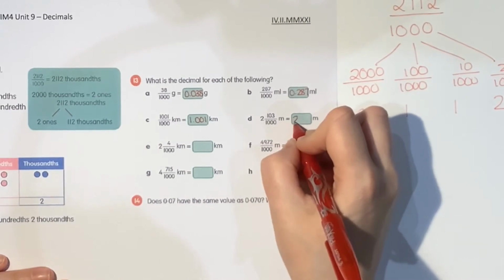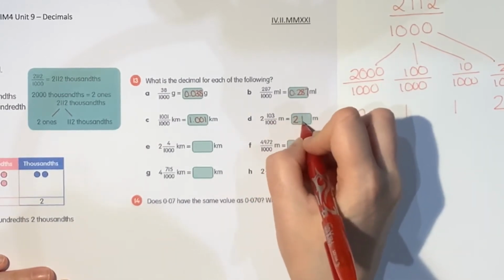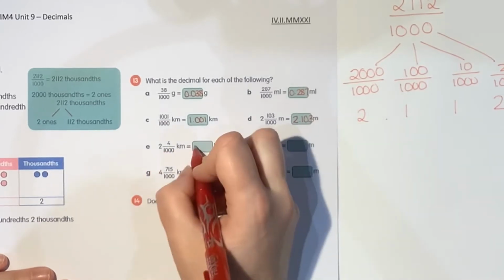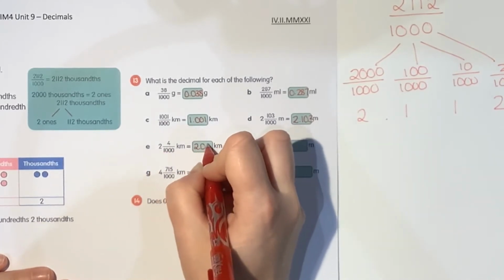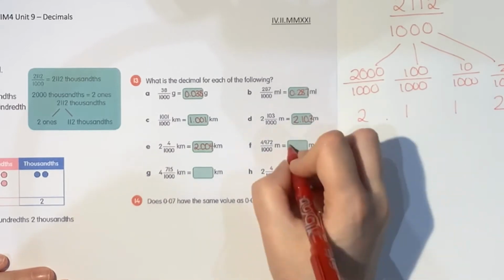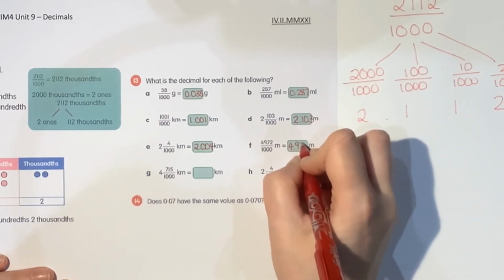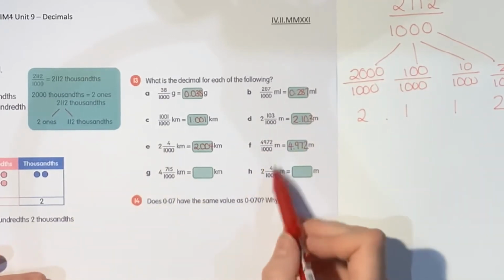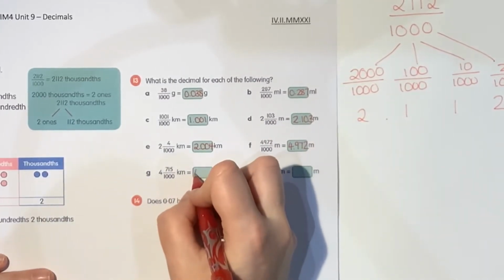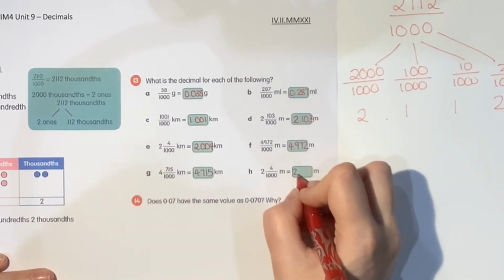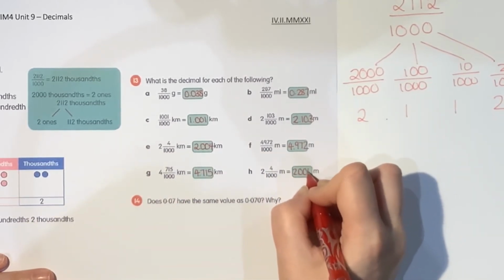This one is 2 whole ones, 0.103. 2 and 4 thousandths with 2 whole ones, no tenths, no hundredths, 4 thousandths. 4,972 is 4.972. Again, I've started to use my knowledge of dividing by 1,000. 4.715 and 2 whole ones, no tenths, no hundredths, 4 thousandths.